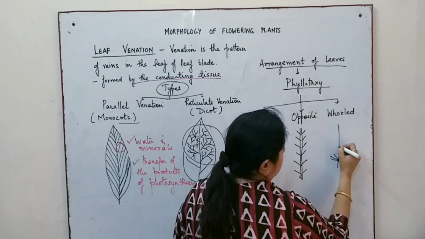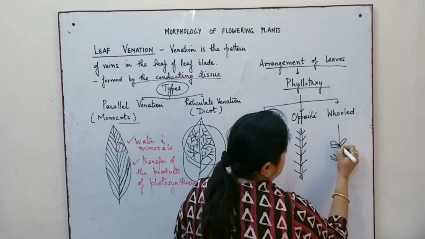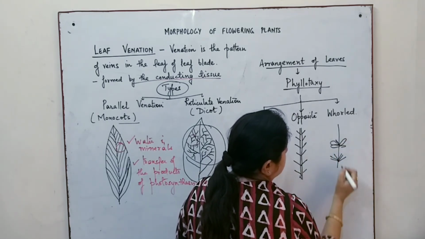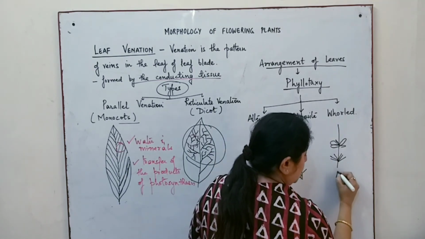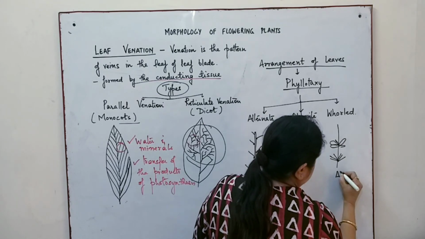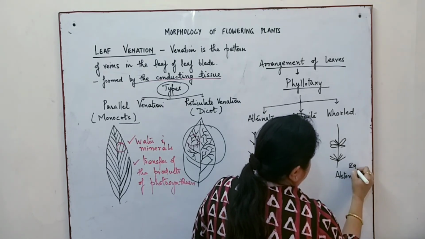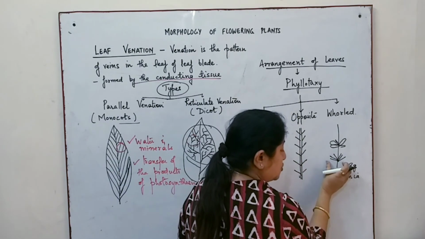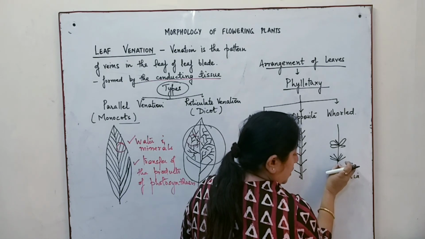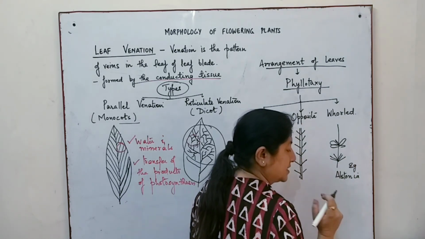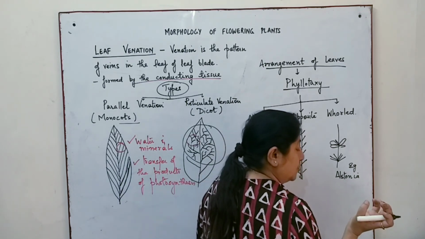So the leaves may be many at a point and they are attached there. This type of arrangement is known as whorl. We find this in Alstonia, for example, where the leaves are present in a group together at the node.